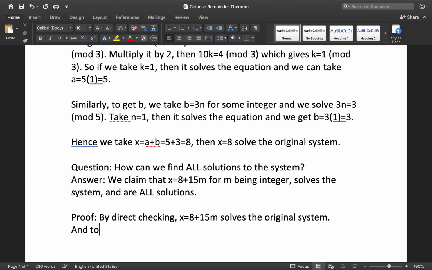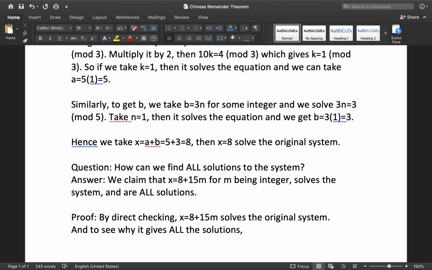And to see why it gives all the solutions, how can you show that? That means if you have any other solution to the system, then that solution must be in that form. If you can do that, then you're done.